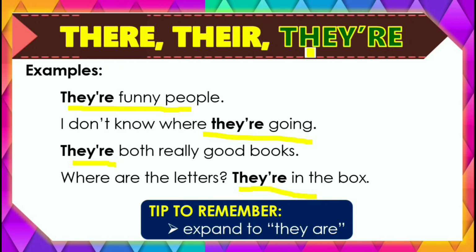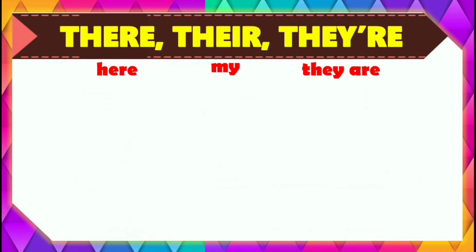Tip to remember: just expand they're, THEY apostrophe RE, to "they are". And if it sounds right, then that is the correct answer. Alright, so for there, THERE, we try to replace it with "here". For their, we try to replace it with "my", and for they're, we try to expand it to "they are".